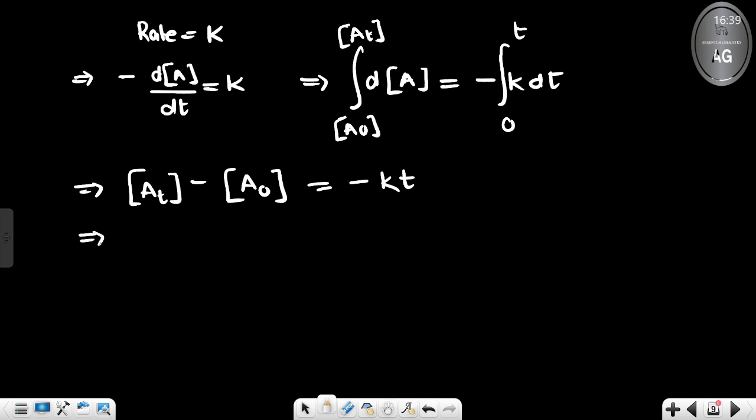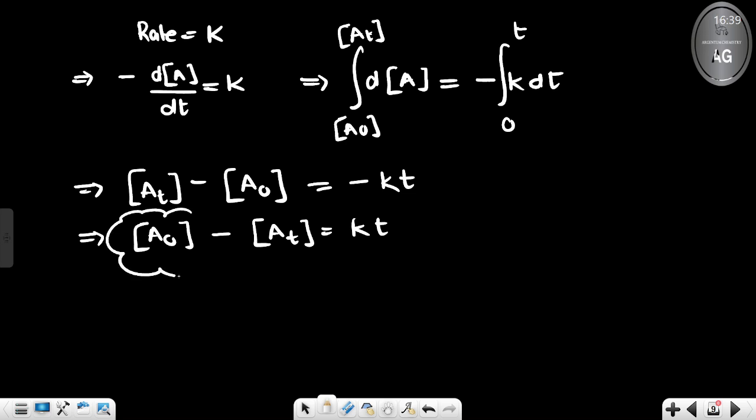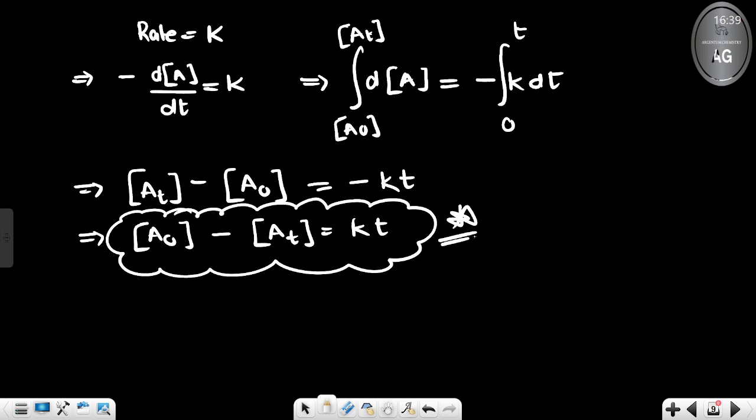So I can write this as A0, the initial concentration, minus At, the final concentration, equals Kt, and this is exactly my integrated rate equation. This equation is very important. It will be used to solve questions; questions will be given based on this formula. Clear? So this is called the integrated rate equation.